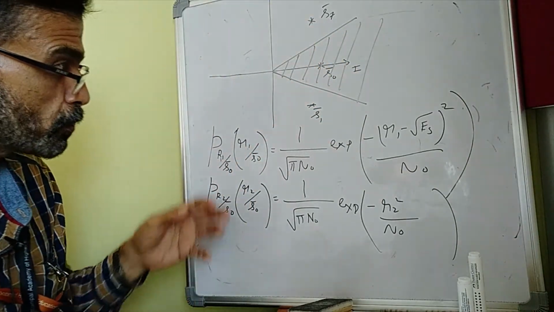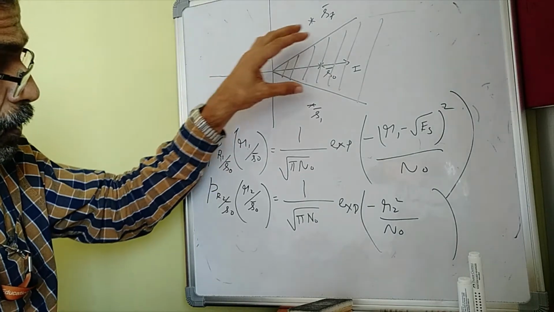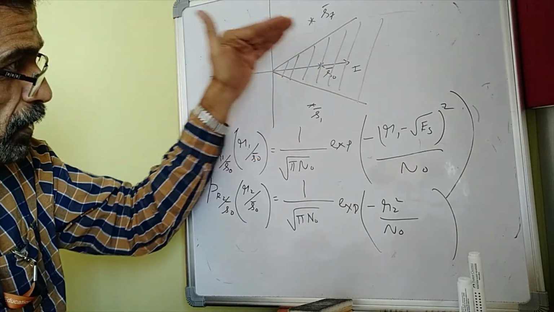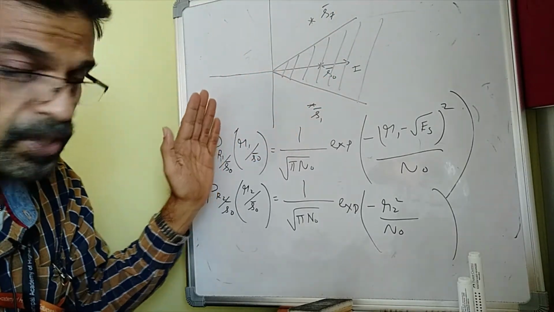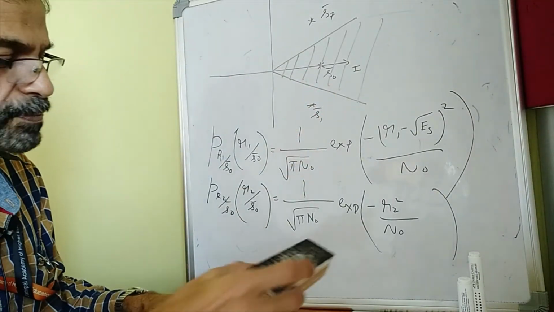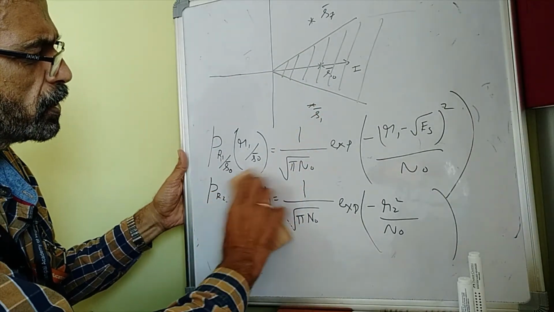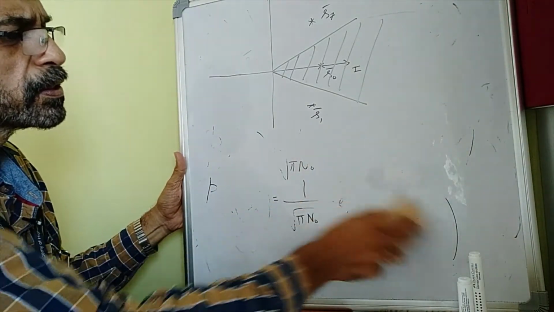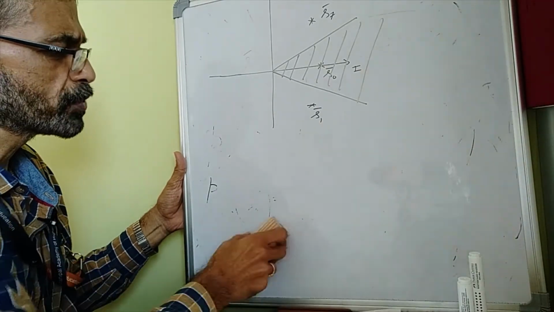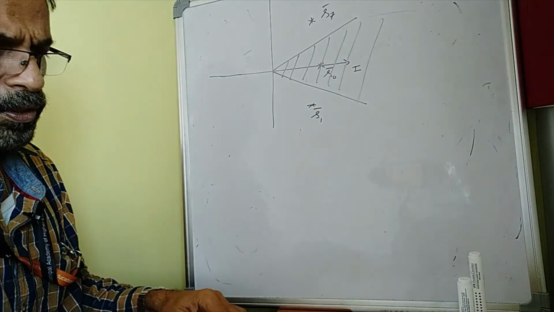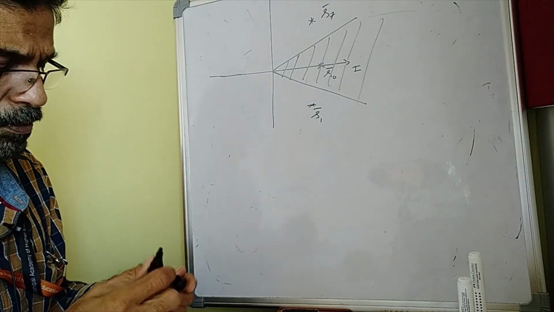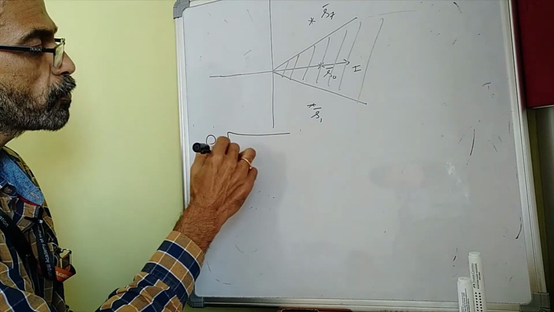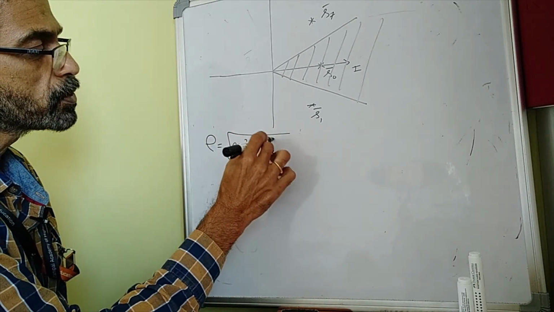But because the division of the signal space into various decision regions has a circular symmetry, we will be better off using polar coordinates, wherein we define rho as equal to square root of R1 square plus R2 square.